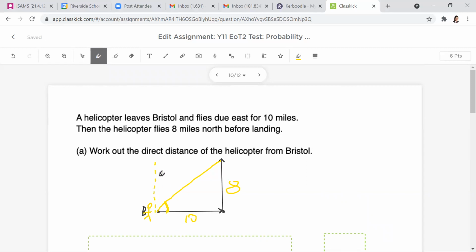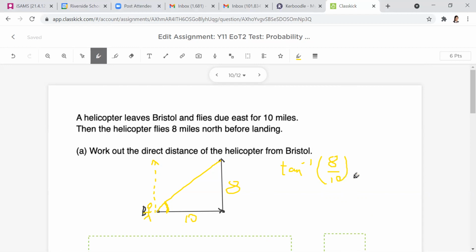North line. Okay, bearing is from the north line, remember? So if I find this angle, I can find this angle. So it's just going to be an inverse tan of 8 over 10 to find the inside angle.